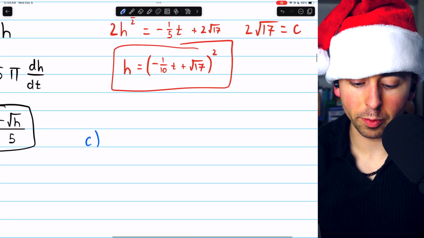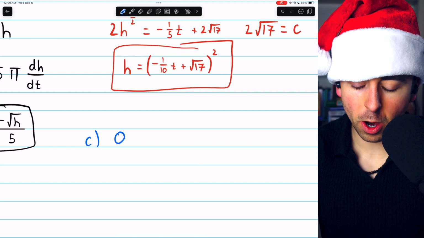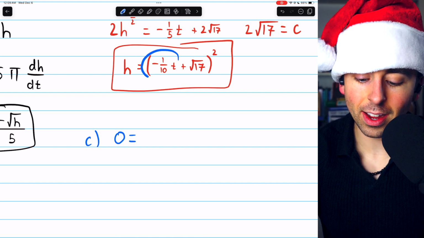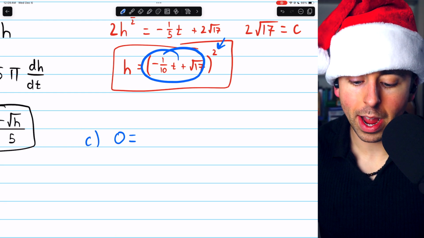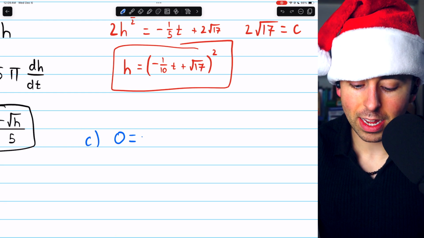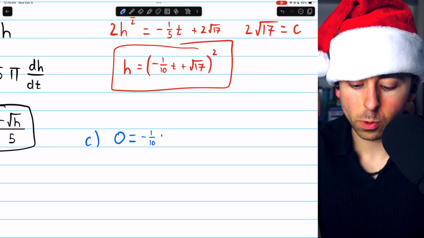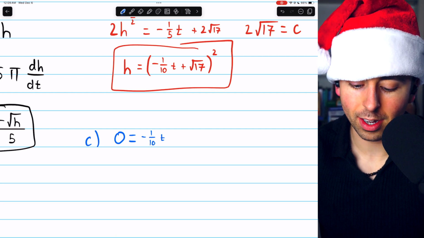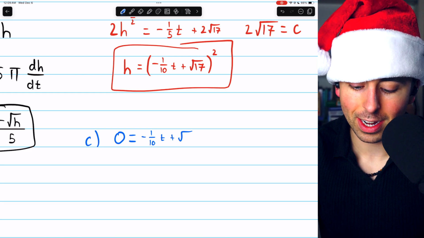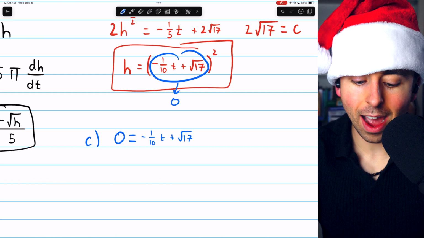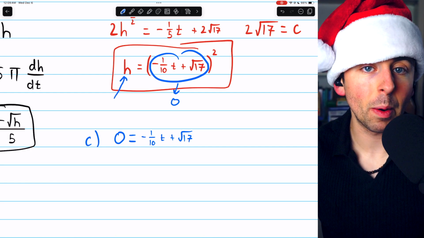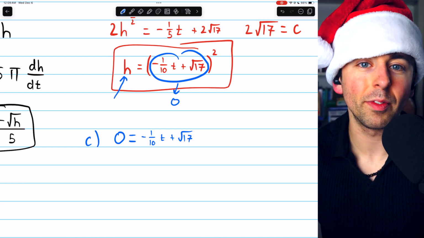If we plug in 0 for h, we have that 0 equals this thing squared. But if 0 equals something squared, then 0 must just equal that something. So 0 equals negative 1/10 t plus the square root of 17. Again, we need this to be 0 because we need the height to be 0, because that represents there being no coffee in the pot.